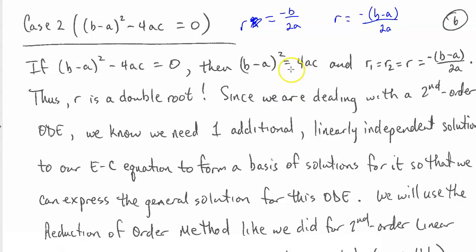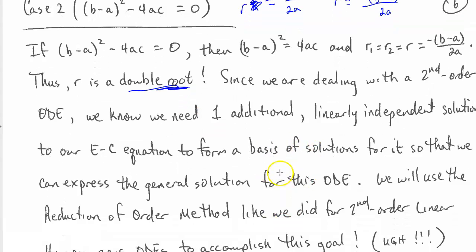It turns out that in doing this, we have a double root. What that means for us is that we only have one bona fide solution that we know of, but we need to find another one since it's a second order Euler-Cauchy. So we can do reduction of order to find the other one, just like how we did reduction of order with the second order linear homogeneous equations with constant coefficients to find the second solution to complete the basis. Okay.